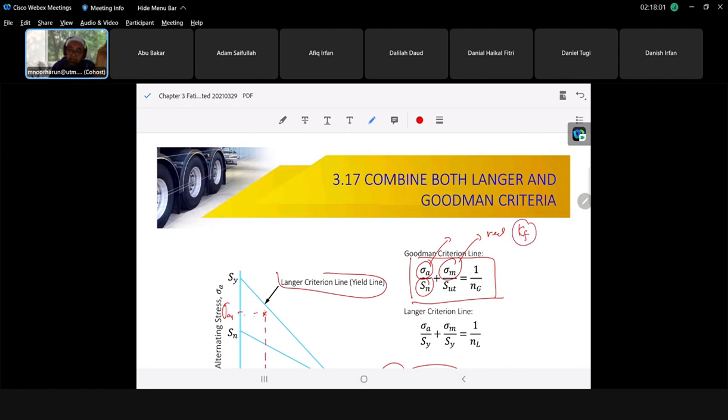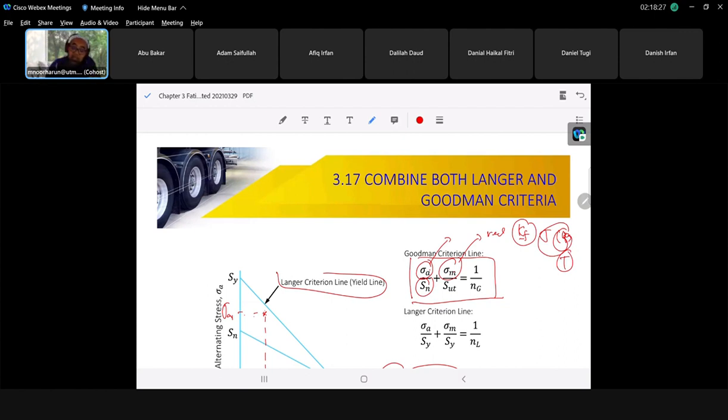The original, so that is KM original. Original, you calculate from either moment, bending, or torsion. That is original. So the original times KF, so you get KM, sigma M, and sigma A.